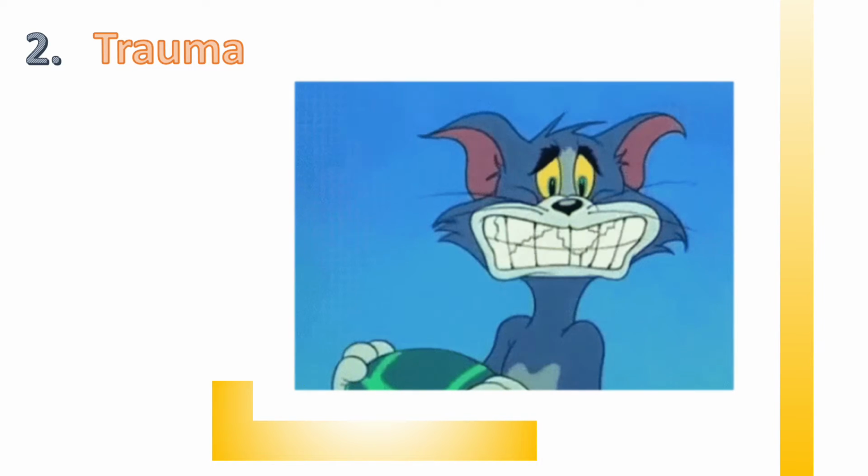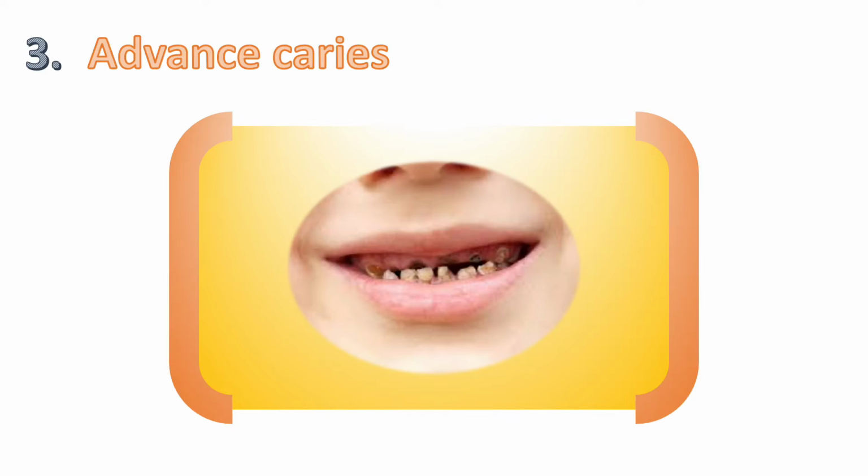So yes, trauma is also a reason for missing front teeth. Then advanced caries. If you've seen my video on early childhood caries, ECC, I'll put the link in the description box also. That is also a reason for missing anterior teeth, so advanced caries needs to be taken care of.